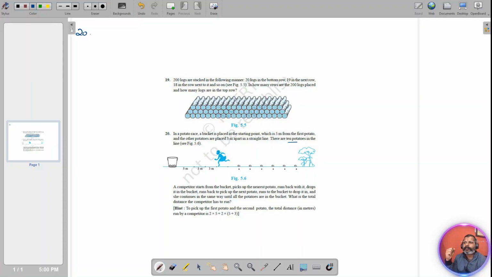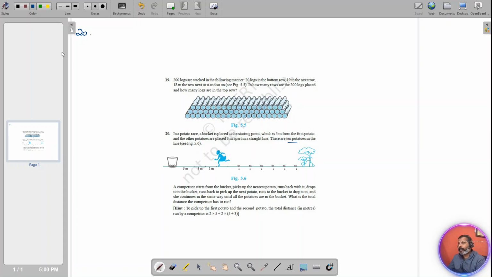Remember, for picking the first potato, she'll run 5 meters to the first potato, pick it and come back and drop it in the bucket. It means to pick the first potato, she'll run 5 plus 5, 10 meters, one forward and one backward. Remember that. Now we have to find S10 actually here.